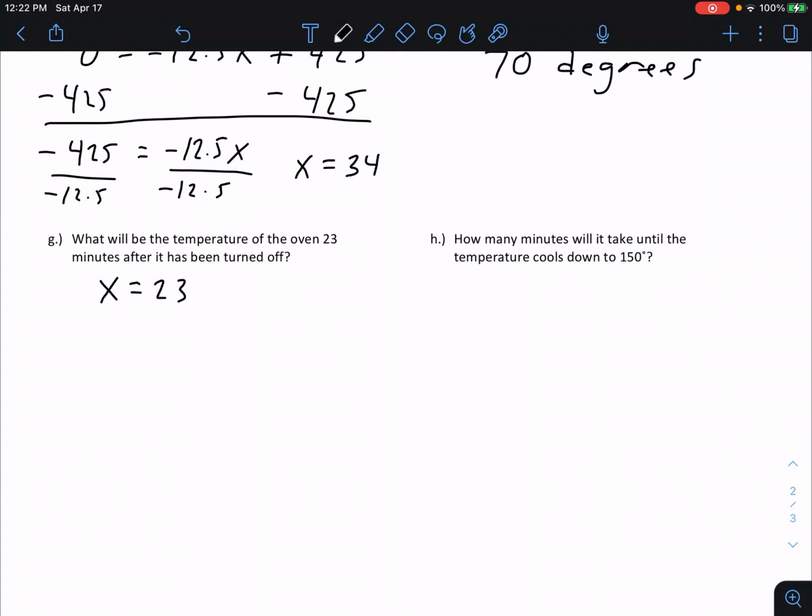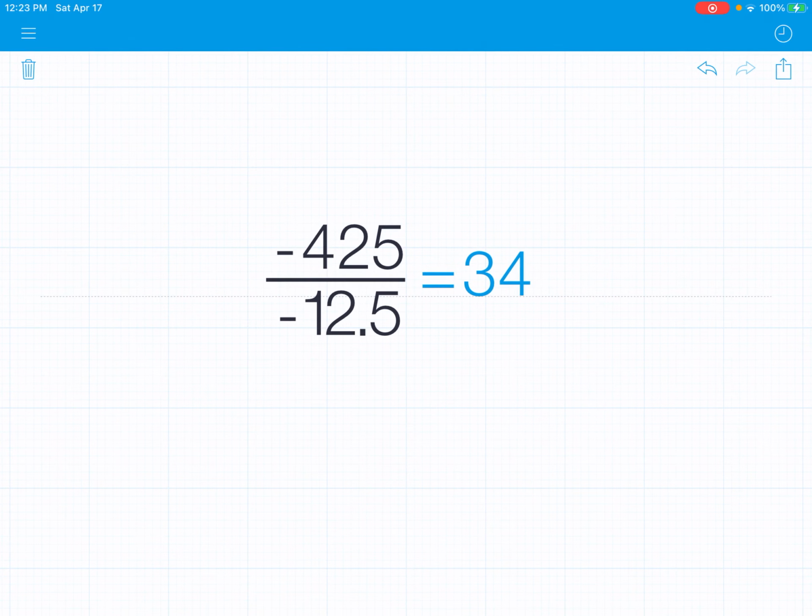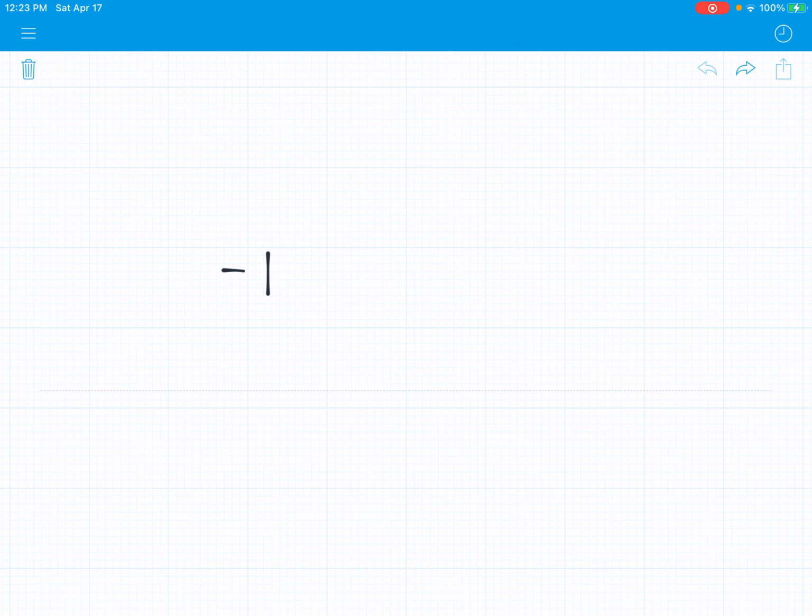And if we just take our equation, y equals negative 12.5, instead of writing x, I'm going to write 23 plus 425. Okay, again, I have a multiplication problem that I can't necessarily do very quickly in my head. So I'm going to go over to the calculator. And we have negative 12.5 times 23.